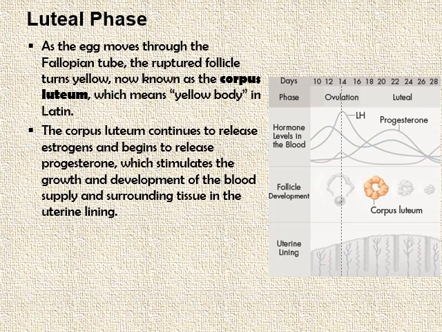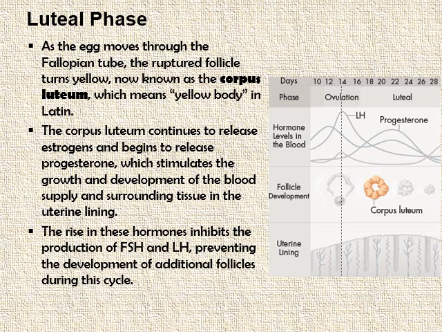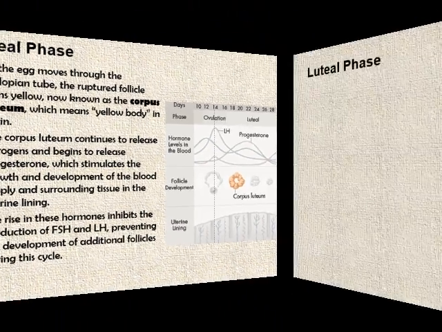The corpus luteum continues to release estrogen and begins to release progesterone, which stimulates the growth and development of the blood supply and the surrounding tissue in the uterine lining. The rise in these hormones inhibits the production of FSH and LH, preventing the development of additional follicles.